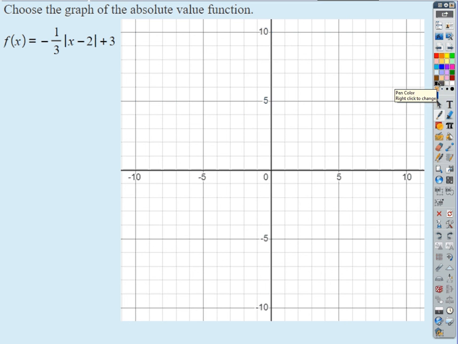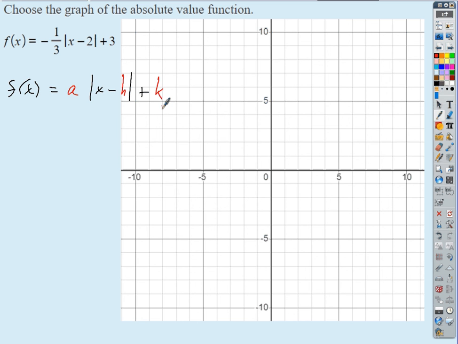So then we could write this as a transformation of our parent graph. So we could write it in the form A times |x minus h| plus k, right? Okay, so that's like our vertex form of the absolute value function. H and k are the coordinates of the vertex, A is the vertical dilation factor.